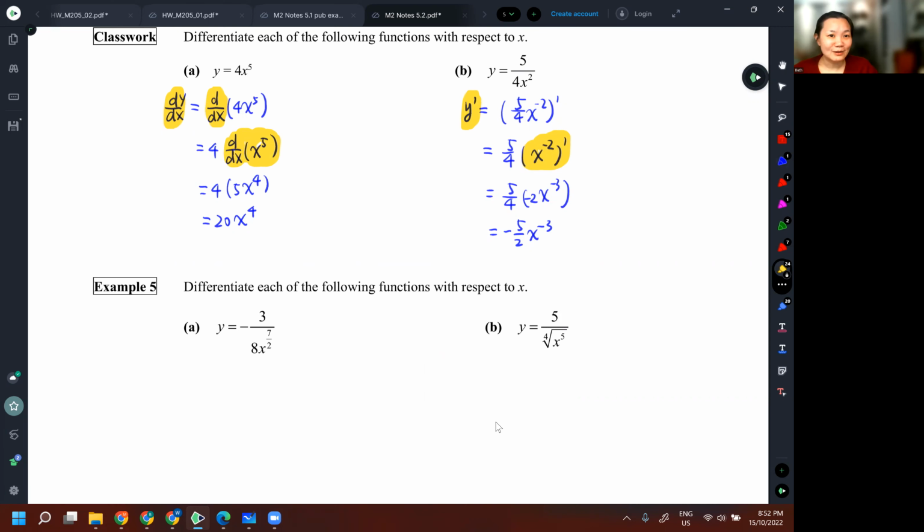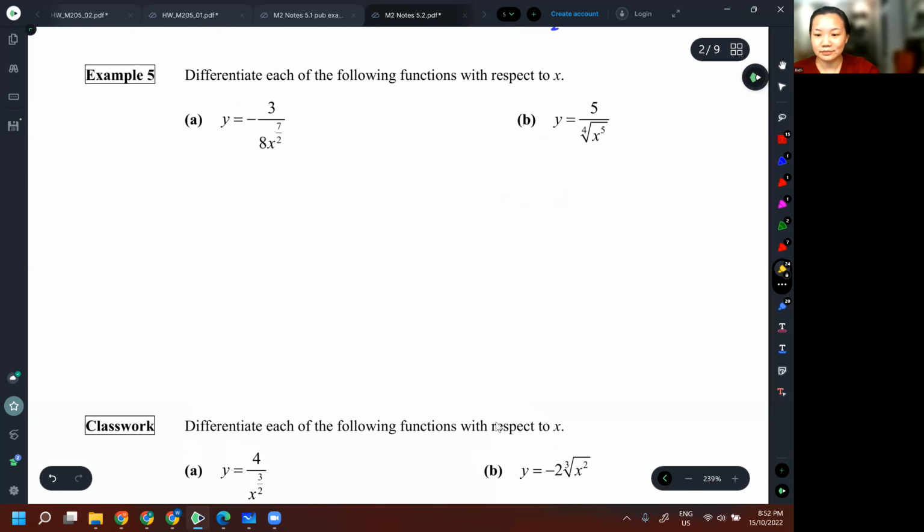Now, let me tell you, the d/dx notation is so hard. Maybe you try as much as possible. When you write something wrong, I will know and I will remind you. Example 5. Now, the question is to differentiate, you know what that means, right? With respect to x.